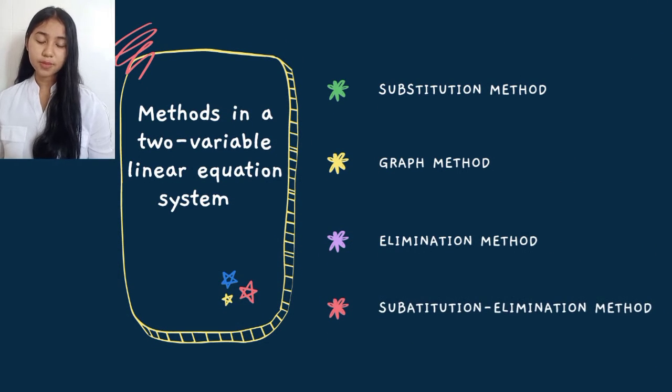So next, about the methods. The two variable linear equation system has four methods: substitution method, graph method, elimination method, and the last is the combined substitution and elimination method.